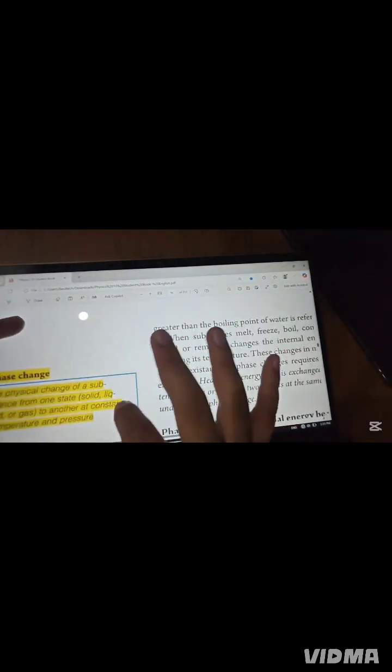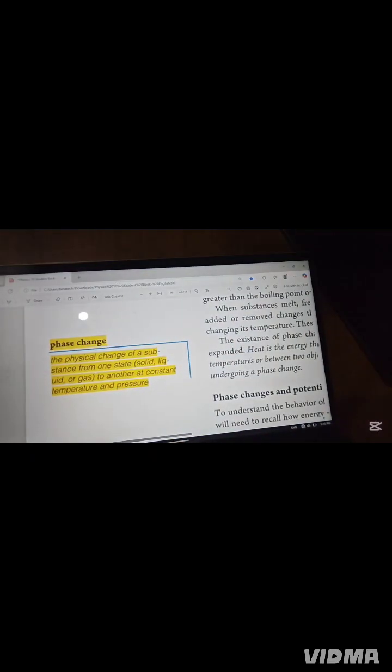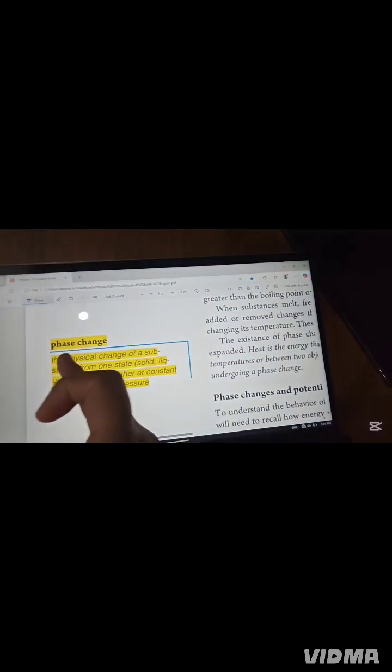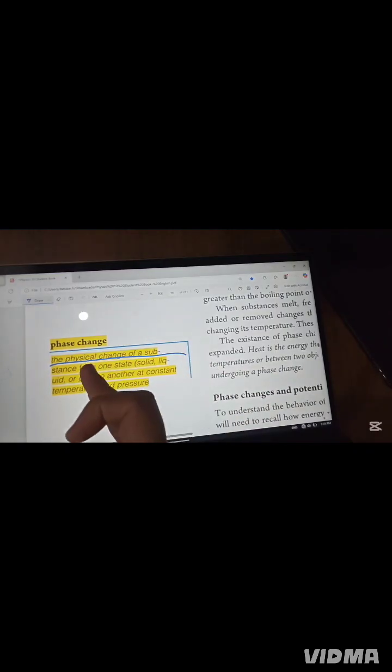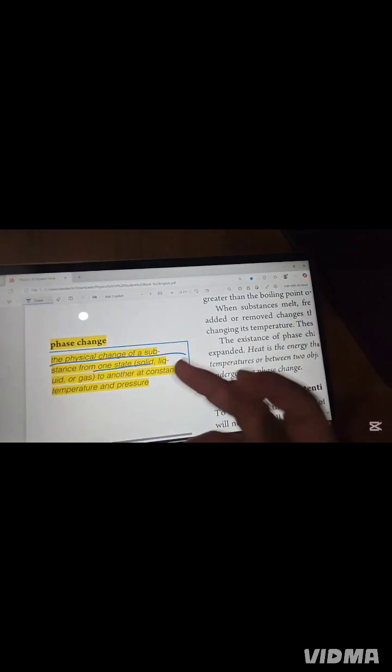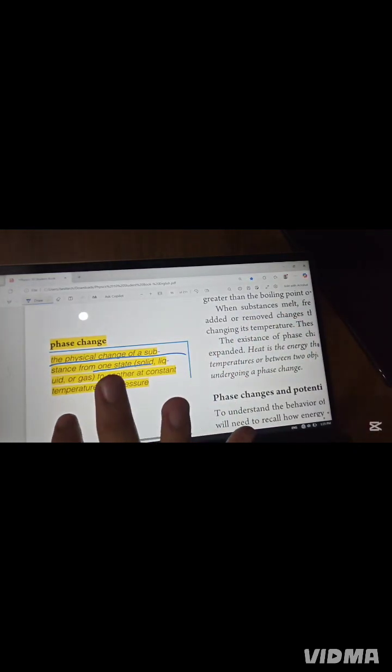And actually, I think I told you all of the things. Let me check, I didn't forget anything. Done. Here we have another definition, of phase change. Phase change is the physical change of a substance from one state to another.